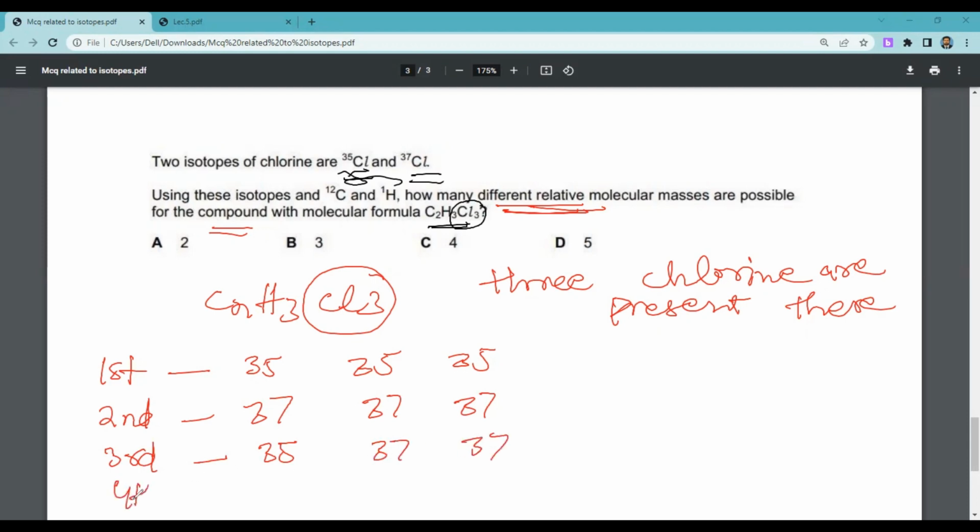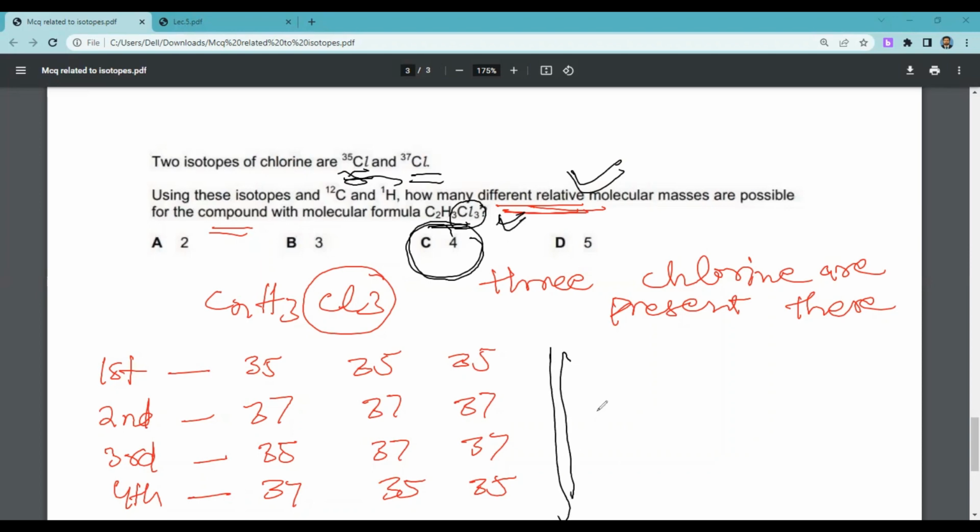And the fourth possibility is that one isotope of 37 is present, while all the others are of 35. So no other possibility is possible. So we can simply say that 4 different relative molecular masses can be calculated for this compound, because as we saw these possibilities.